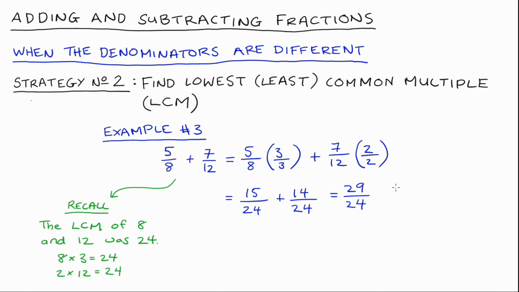So 14 plus 15 is equal to 29, and that's over 24, and that's our answer. Now, remember that 3 over 3 and 2 over 2 are really just equal to 1. So when we're multiplying 5 over 8 and 7 over 12 by these terms, we're not changing the value of these fractions at all. We're just changing how that value is expressed.